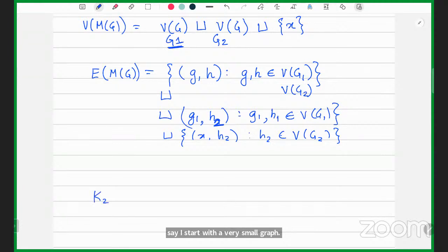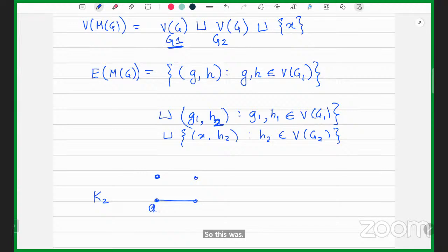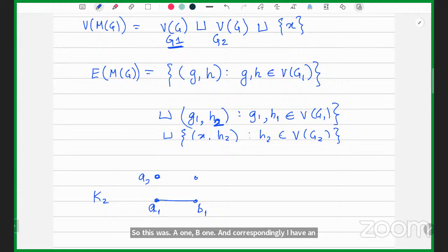So this is my original graph, with A1, B1, and correspondingly I have an A2 here and a B2 here.